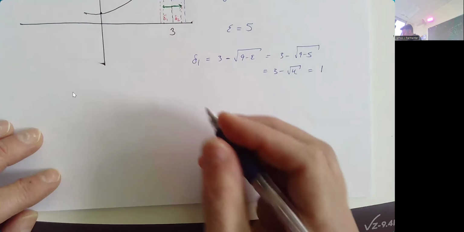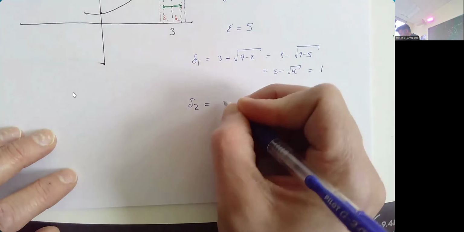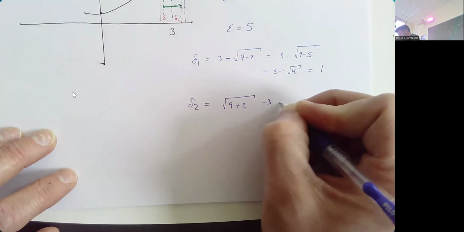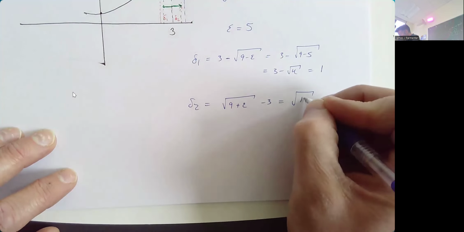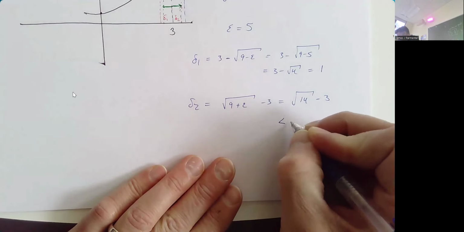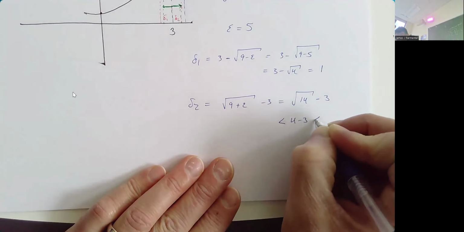And our delta 2 is the square root of 9 plus epsilon minus 3, which is the square root of 9 plus 5. Let me ask you, is the square root of 14 bigger than 4 or less than 4? Less. So this is less than 4 minus 3, which is less than 1.